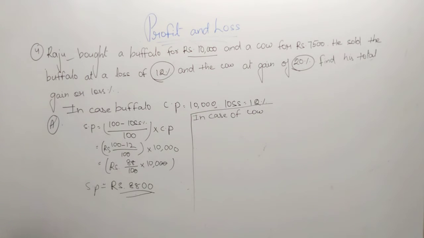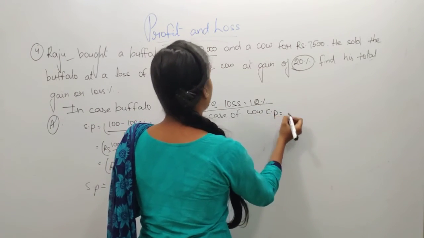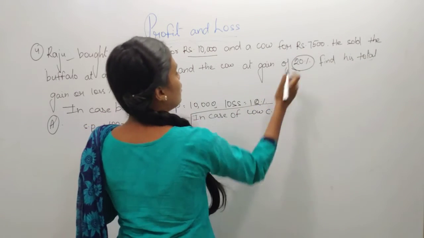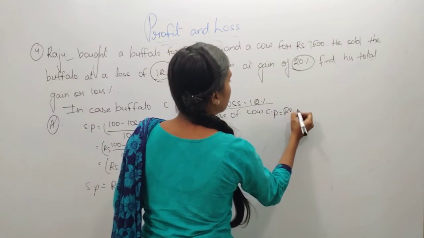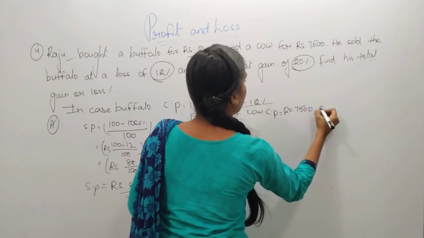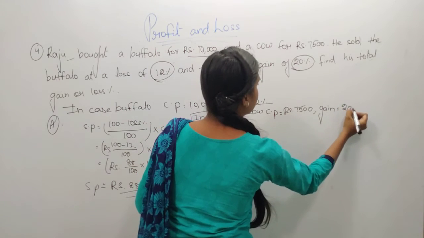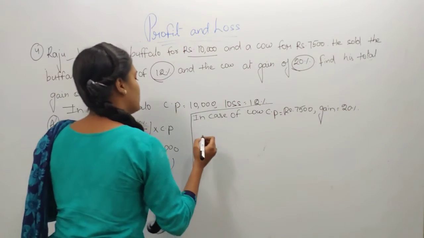In case of the cow, CP is given, gain percent is also given. Then we have to find the SP. CP, the cost price, how much is it given? Rupees 7,500. And gain percent, how much is it given? 20%.